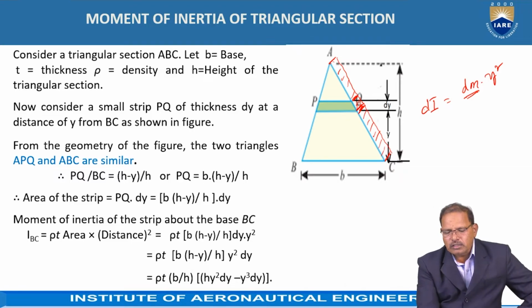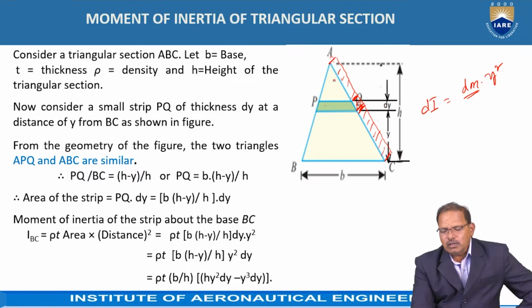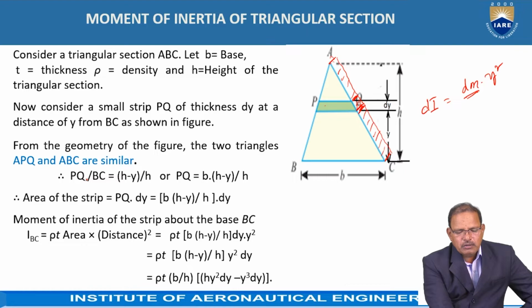That means according to this figure, PQ divided by BC is equal to, here the height of the triangle APQ is h minus y, that is (h minus y) by h. That is, PQ divided by BC is equal to (h minus y) by h as shown in the figure.